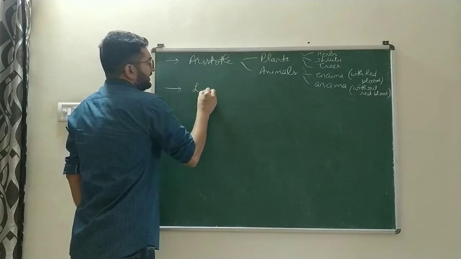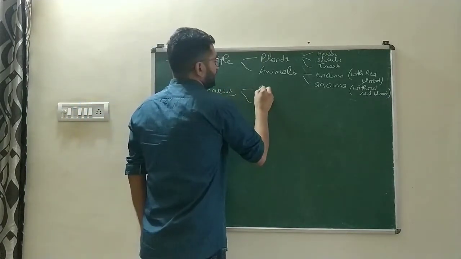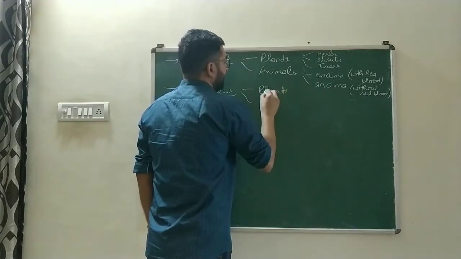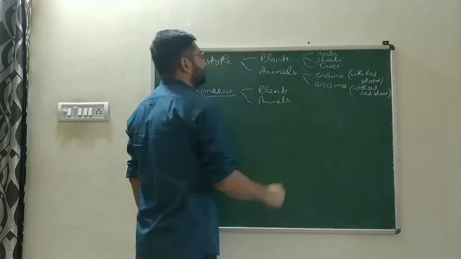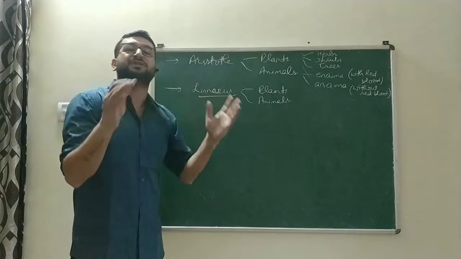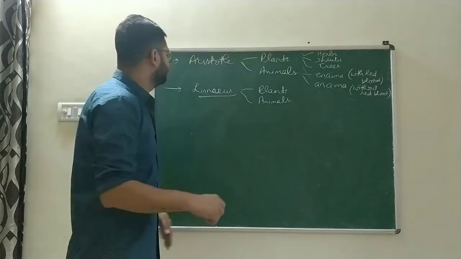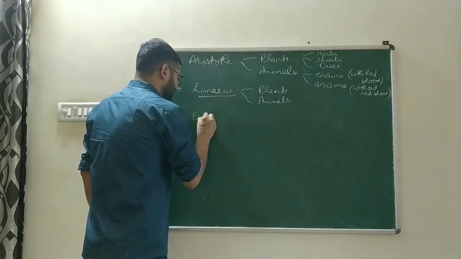Then Linnaeus also gave a two kingdom classification system just like Aristotle, and that was also plants and animals. These are the two kingdom classification systems which were proposed earlier. Now we are not using them. The third is Ernst Haeckel.